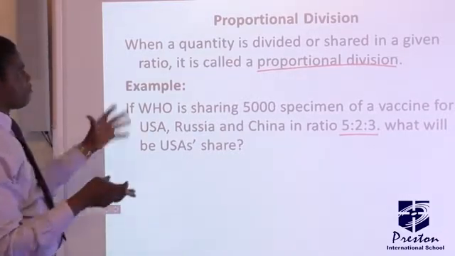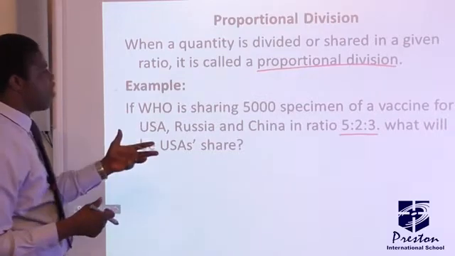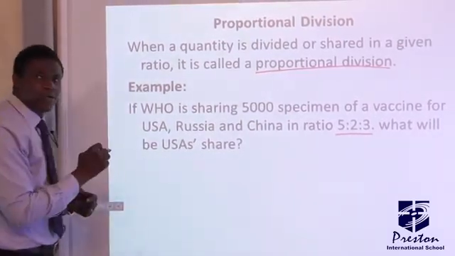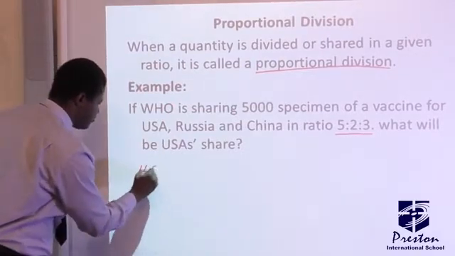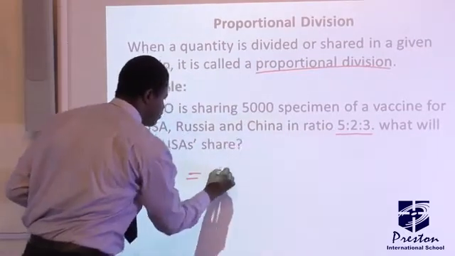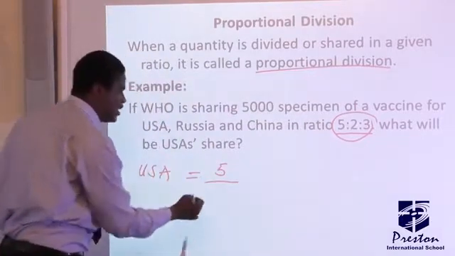Now, this example of a proportional division, we want to find the number of specimens that will be given to the United States of America. Now, in this case, USA, what is the ratio of USA? 5 over the total ratio. And in this case, what's the total ratio?